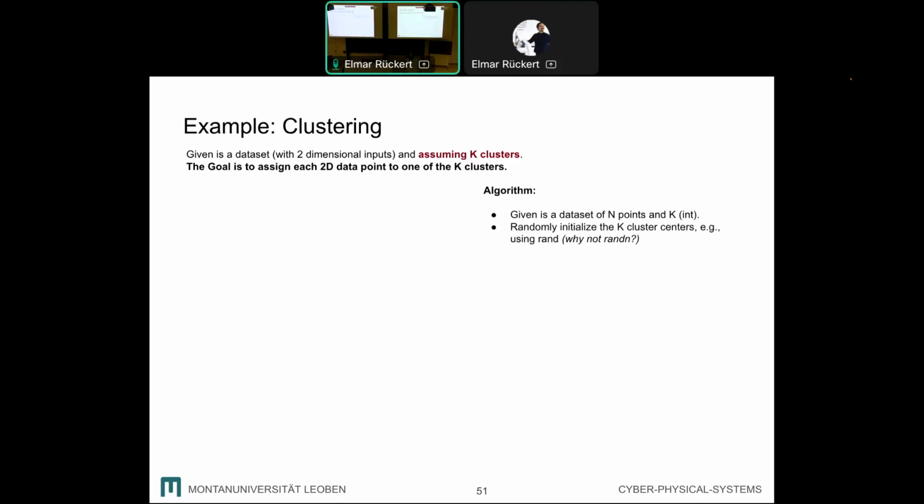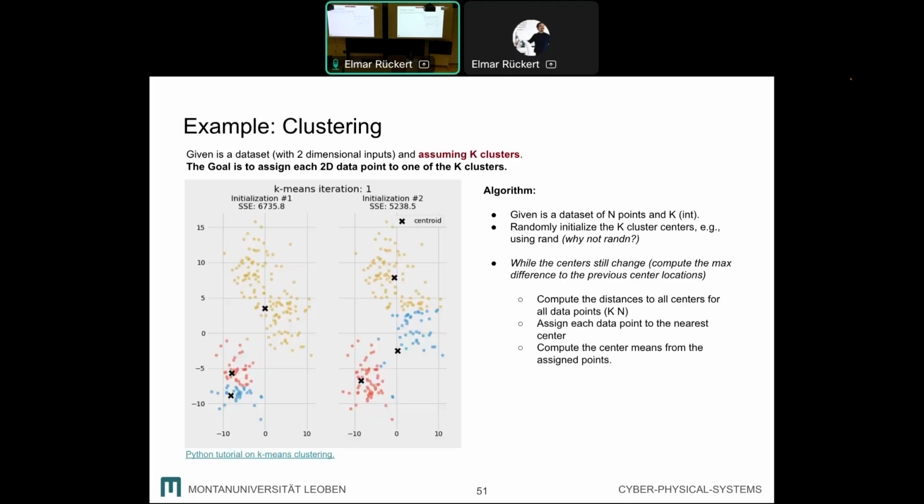What you will do in this example is that you place 5 initial random seeds in the space. These are the black crosses. And then you look at the distances to all dots nearby. And you assign each dot to the cluster that is closest. Then you update the cluster mean, the XY coordinate of these black crosses.